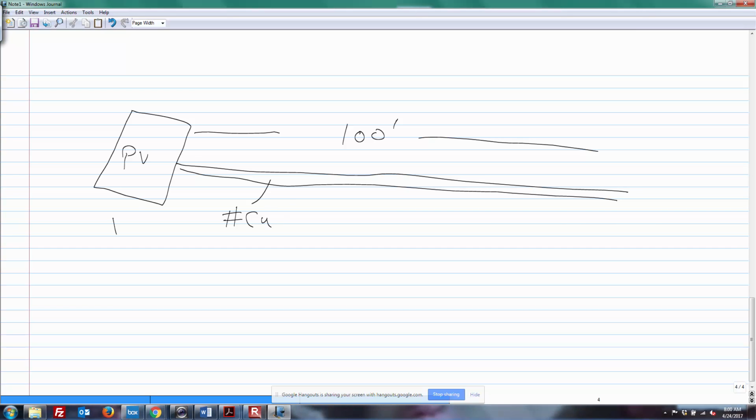So we have a voltage here, and we have a voltage over here at the inverter, V2, and the question is, what is V1 minus V2 equals what?